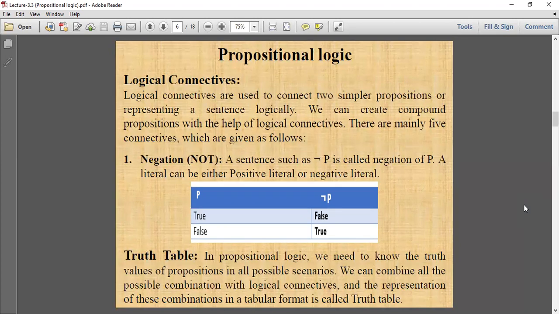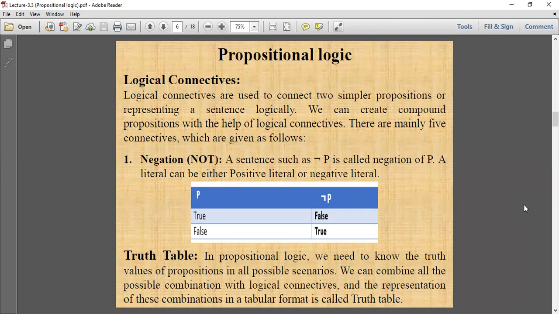Now logical connectives. Logical connectives are used to connect two simpler propositions or representing a sentence logically. So we can create compound propositions with the help of logical connectives. There are mainly 5 connectives, given as follows.